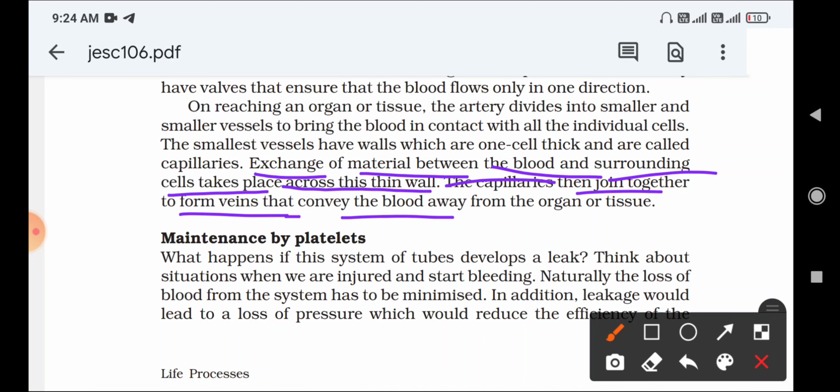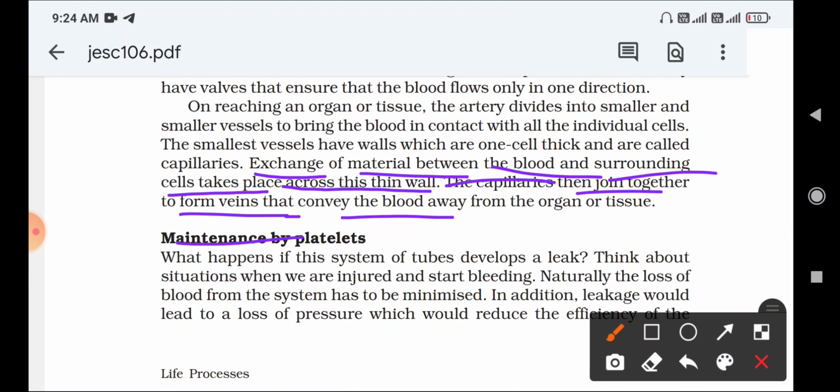Then the carbon dioxide is removed from the body. This covers the function of veins, valves, and arteries, and blood pressure, systolic pressure and diastolic pressure are discussed.